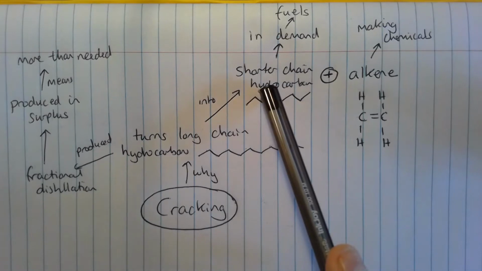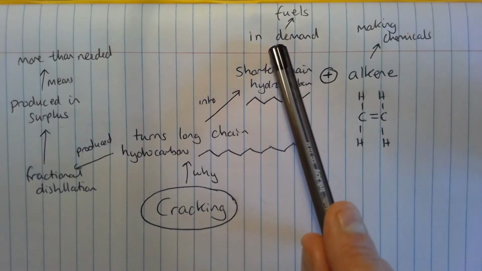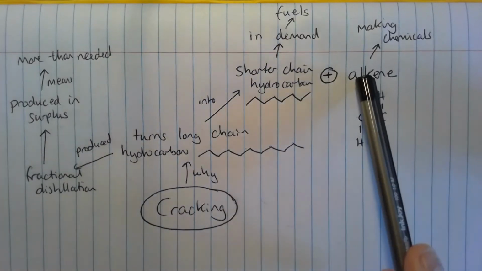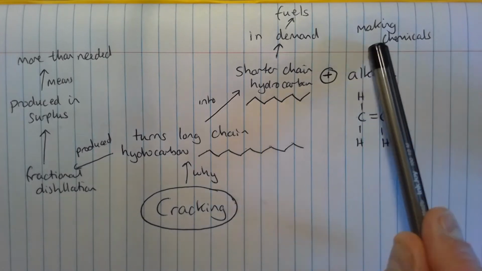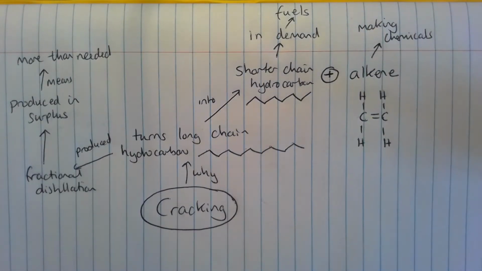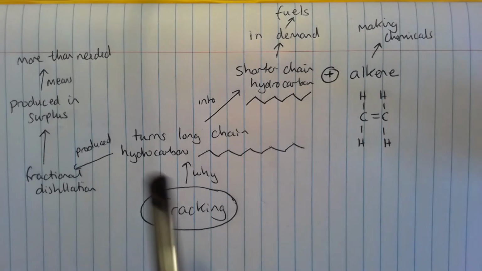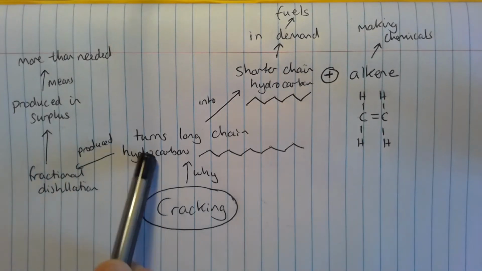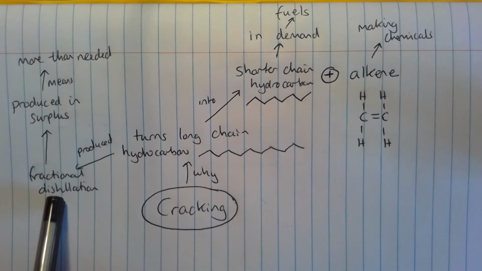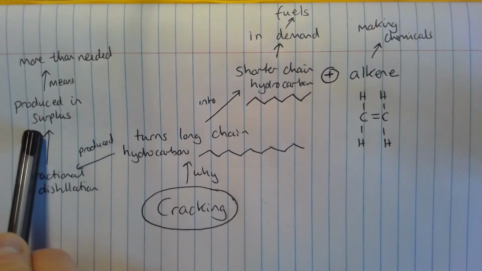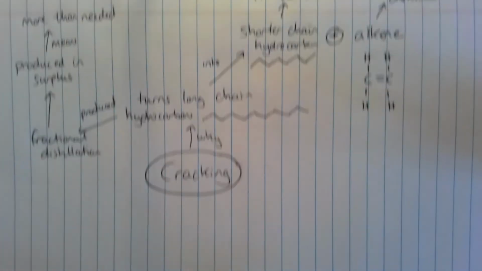Those shorter chain hydrocarbons are highly in demand as fuels, and the alkenes are really important in making lots of chemicals, like dyes, explosives, and many different chemicals that we use in our everyday lives. The long chain hydrocarbons are produced in fractional distillation, and these longer chain hydrocarbons are produced in surplus, which means more than are needed.